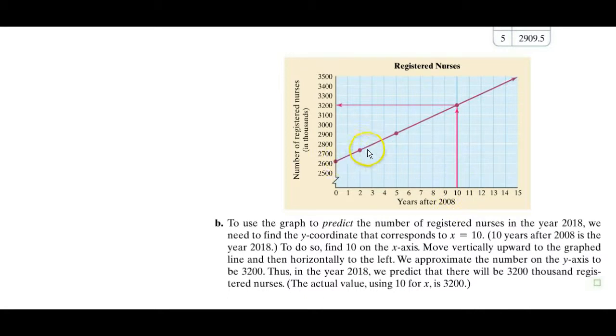And we had our data and it went up like this. It looks linear, it's a straight line. So we would go up there and then go over here and we could predict. That's what they're suggesting here. We're going to predict the number of nurses in 2018. Now, there are some words associated with this type of predicting that they're not introducing here, so I'm not going to do it either, to confuse the issue.